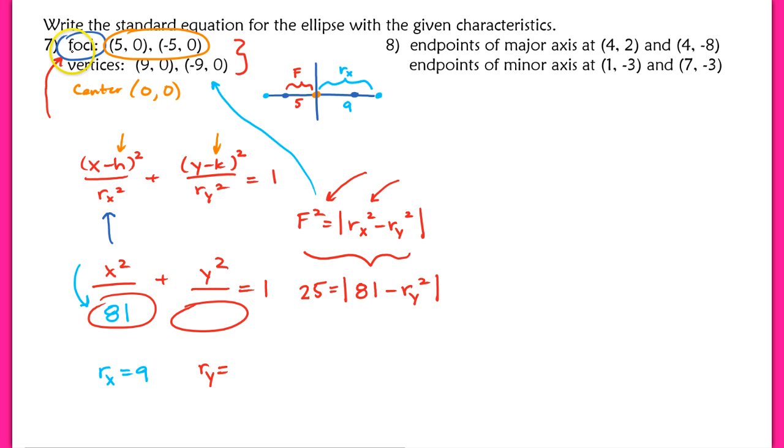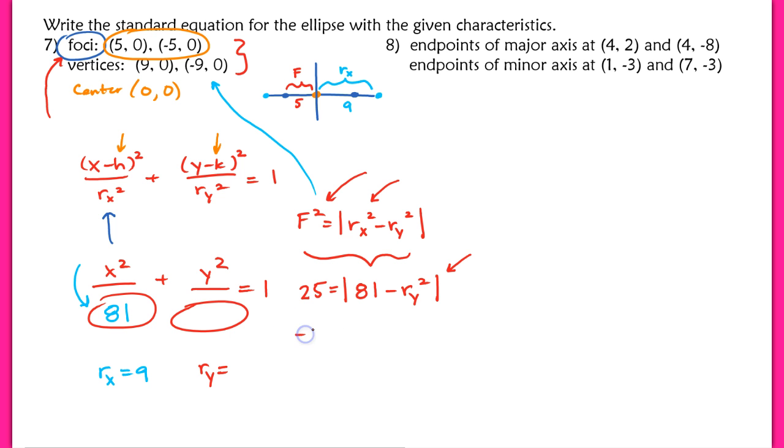Again, if you're ever given foci, you will always have to use somehow this particular formula in finding the equation for your ellipse. Okay, so all we have left to do is solve this equation for r sub y squared. Now, in this case, I know that we have this absolute value bar here, but we're going to drop the absolute value bars only because we already know that r sub y squared is supposed to be positive. Okay, so if I solve for that and I subtract 81 on both sides, I'm kind of pretending like those absolute value bars aren't even there.